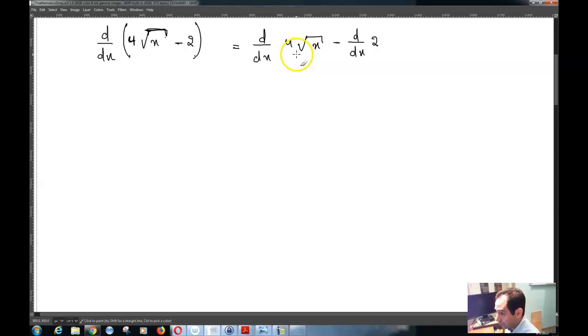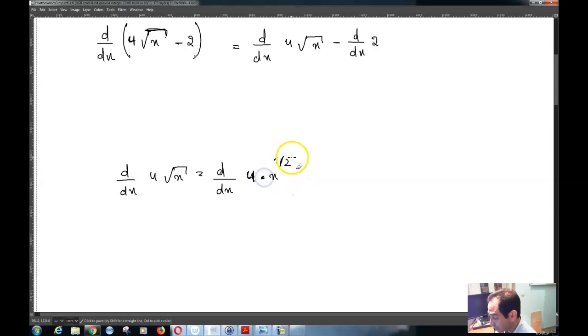So d by dx of 4 square root of x is equal to d by dx of 4 times x raised to the power 1 by 2, which is basically 4 times 1 by 2 times x raised to the power 1 by 2 minus 1.